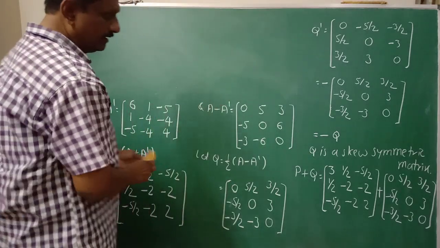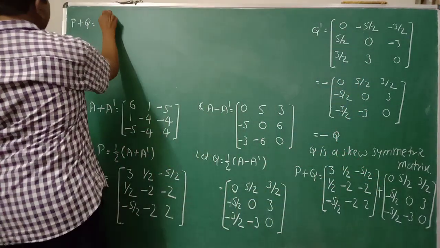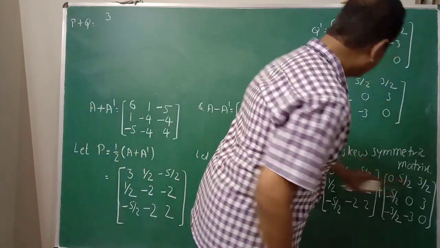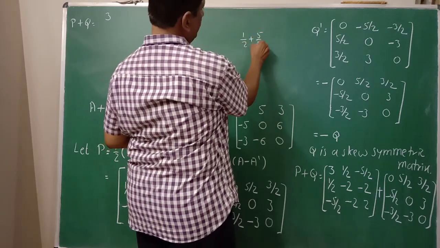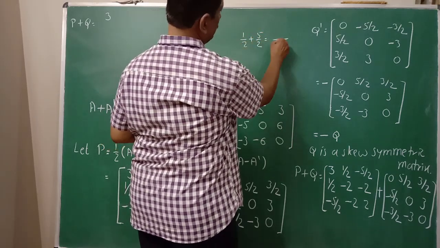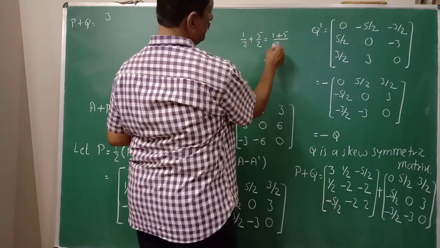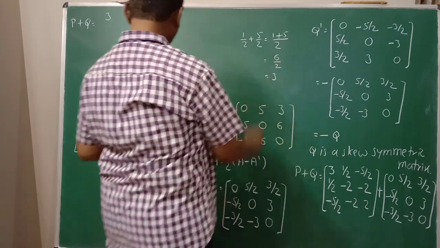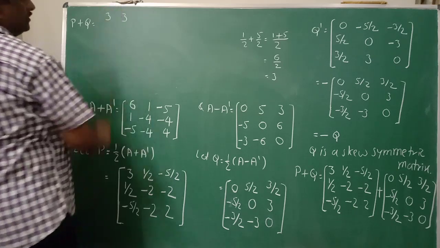just observe here. So 3 plus 0 becomes 3. So write here 3. Then 1 upon 2 plus 5 by 2 here. So look here, 1 by 2 plus 5 by 2. 2 is the LCM here. To write in the denominator, 1 plus 5. 1 plus 5 is 6 here, 6 by 2. 6 upon 2 is what here? 3. So write here 3. Okay.